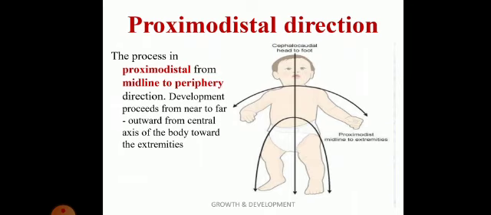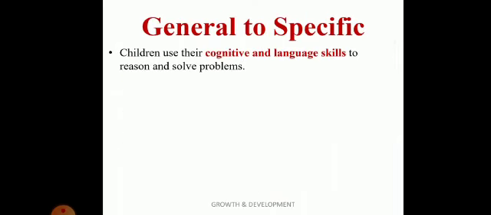Initially the child will be facing anteriorly, then the child will rotate his or her head laterally also. Same for upper limb and lower limb. So the development starts from center to periphery, or midline to periphery.